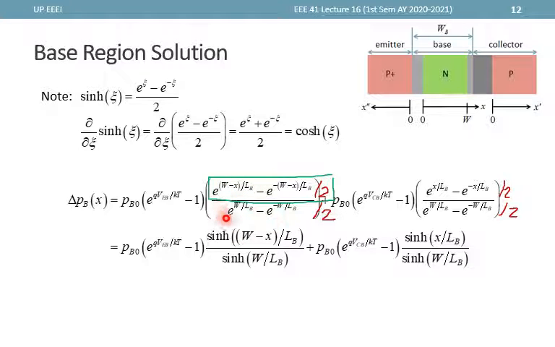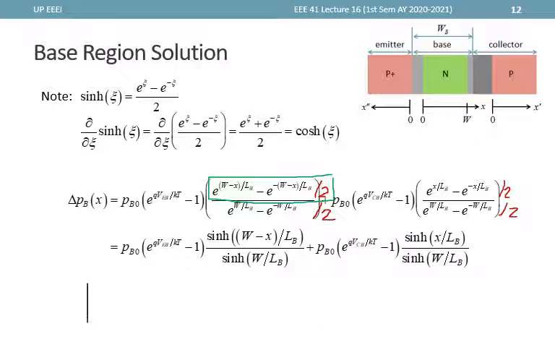For the denominator, the psi is W over LB, so we just did the same thing here, x over LB, W over LB. So this is the excess hole concentration at the base, which changes in shape both with respect to the VEB and VCB.